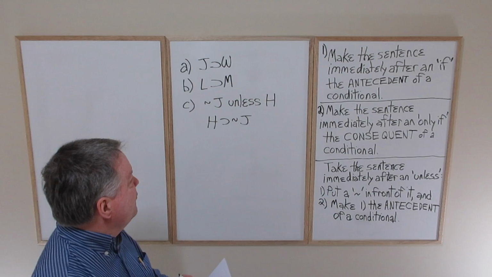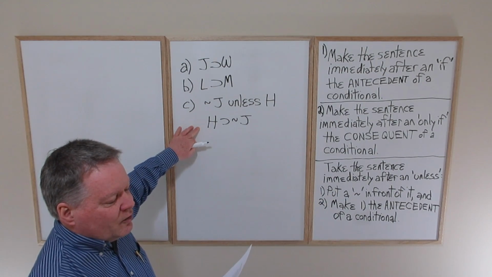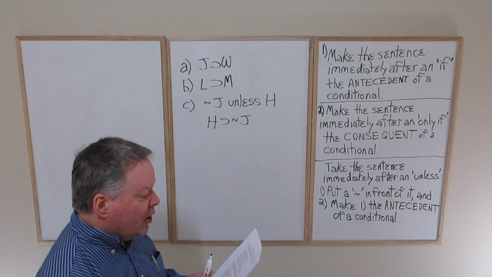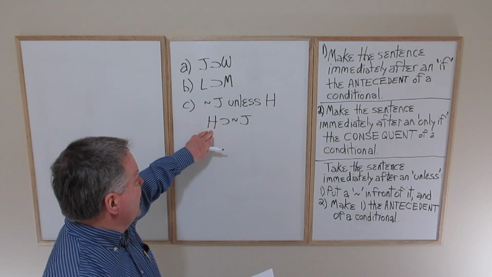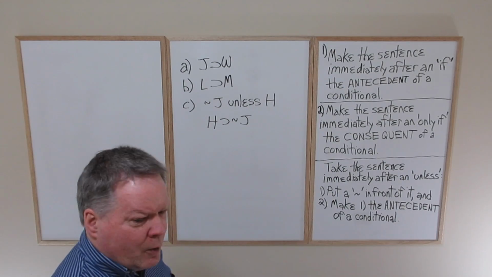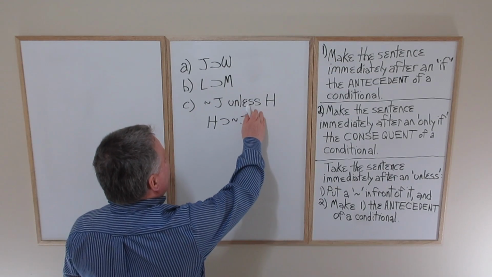Does that specify the same commitment about how the world is, as is indicated by the English sentence, John will not make supper unless he's very hungry? If he is very hungry, then he won't make supper. No.